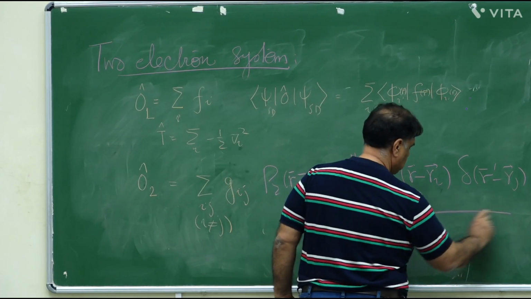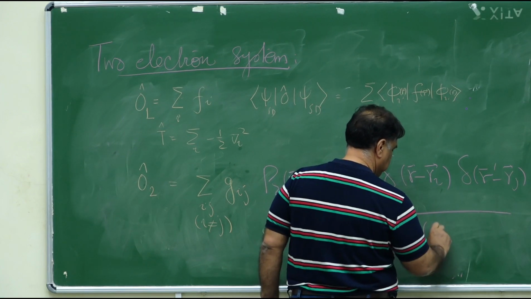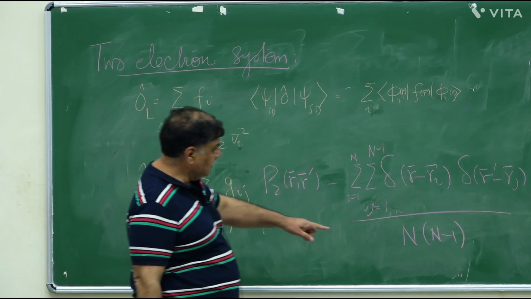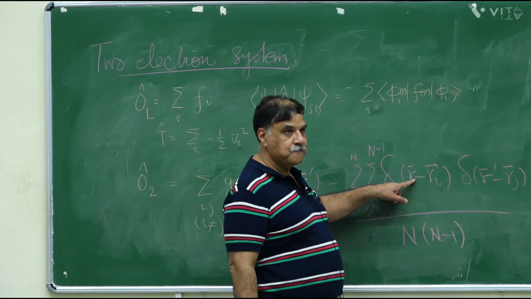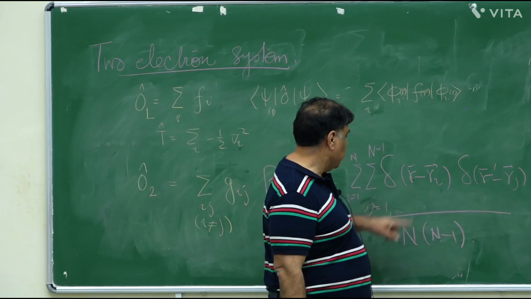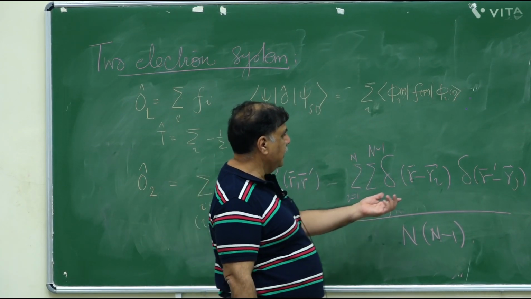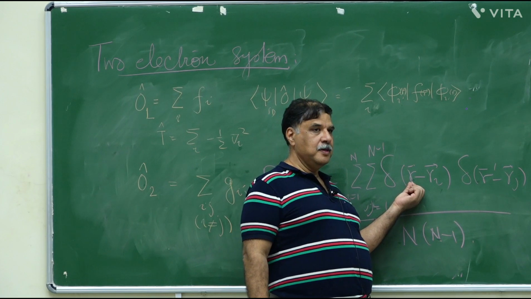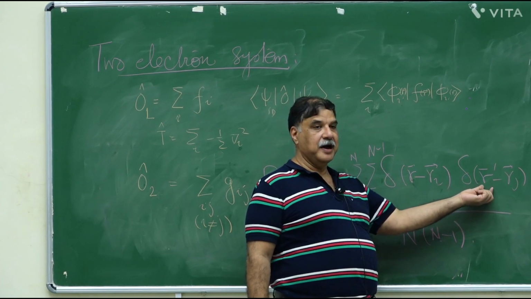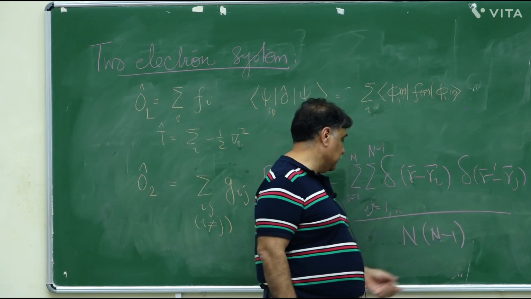So this is an average over these n, so there has to be something more. So I'm talking about probability. So this is average over n. This is average over n minus 1. So I have located a particle at r, and from the rest, I'm trying to find a particle at r prime, and probability is this.